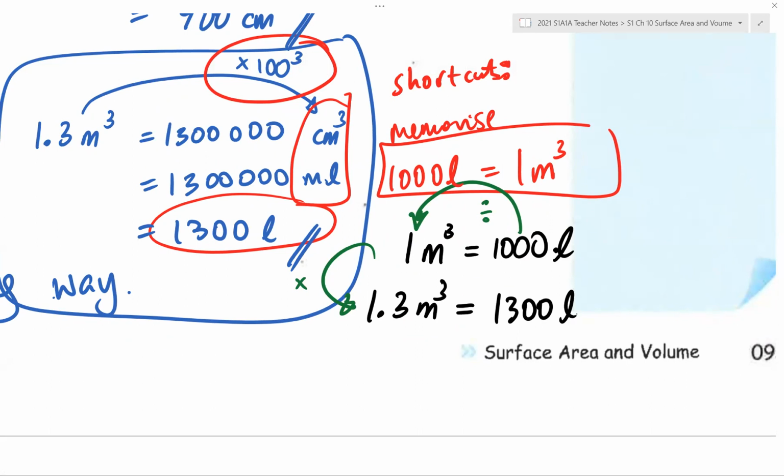Times 10 cube. Yes, it works, but why? Why times 10 cube? Unfortunately, Sean, that would be a case of correct answer, but no marks given.